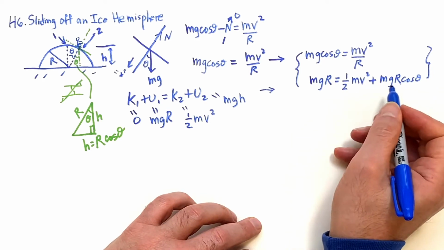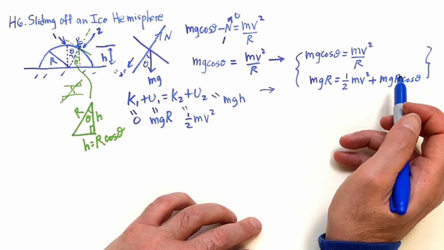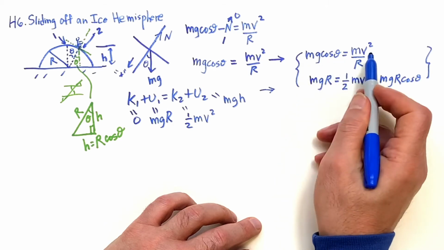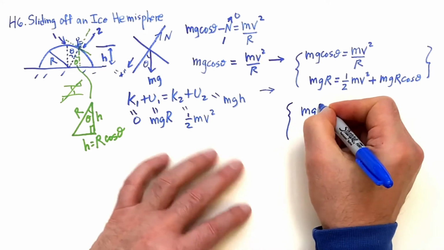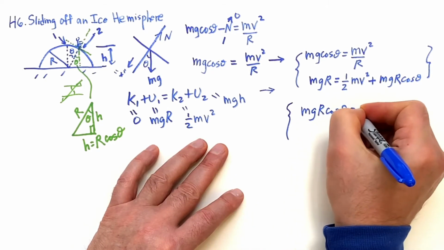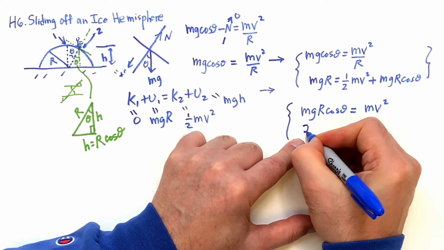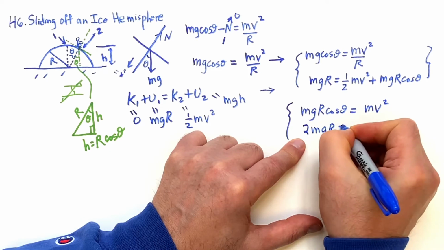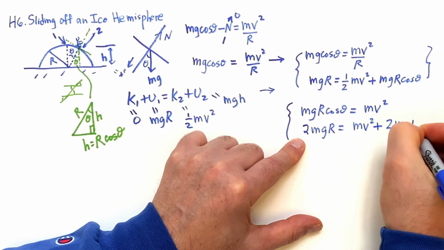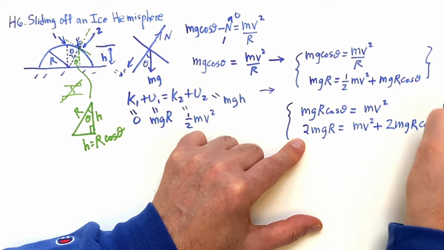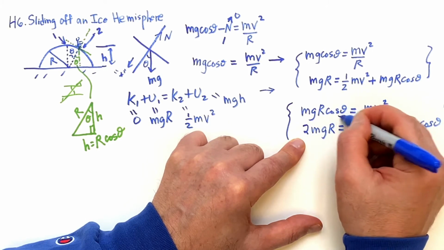Okay, so here what we're going to do is make these equations look nicer for use. I'm going to multiply the top one, both sides, by r, and this one by 2. So I'll go ahead and bracket these again. mgr cosine theta is mv squared, and then 2mgr is mv squared plus 2mgr cosine of theta. And now I can plug in, see, these are the same, so I can plug this in right there.